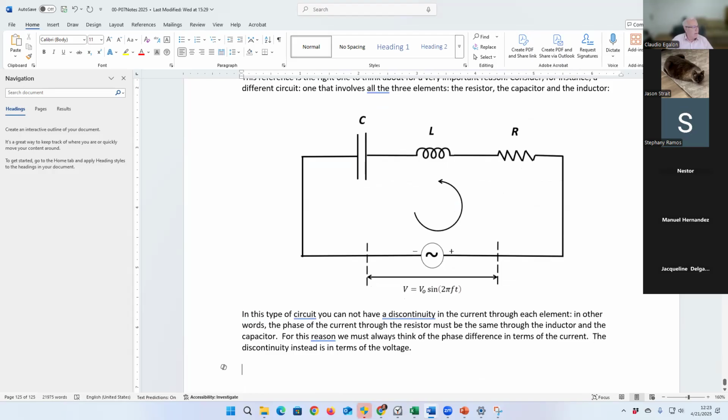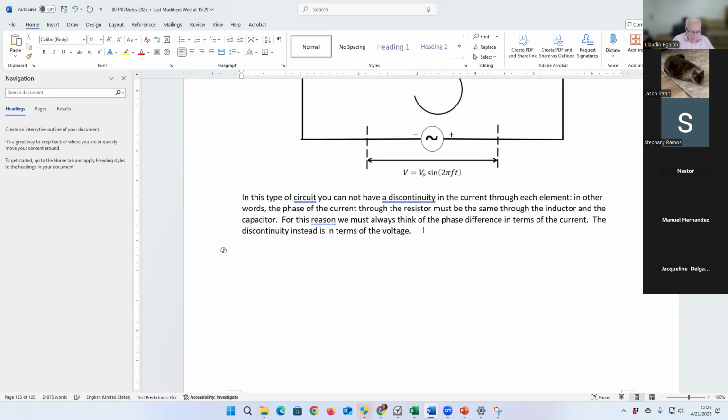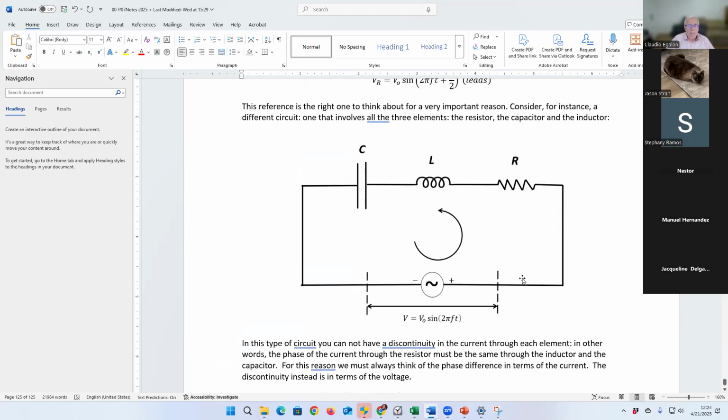So in this specific circuit now, for an RLC circuit, we have the following relations. Okay.